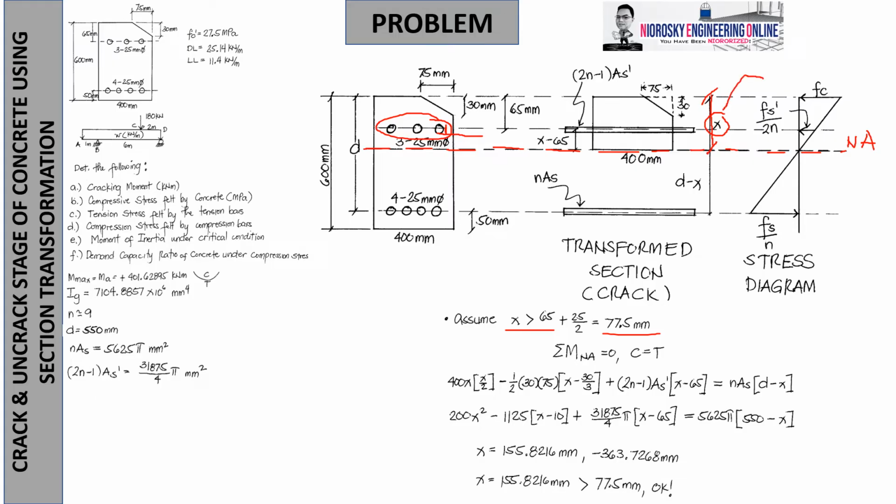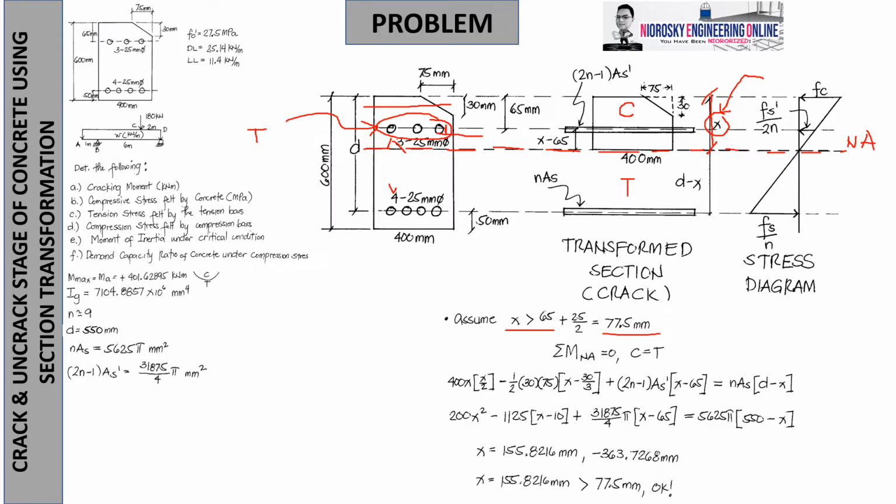That distance x is the distance or the height of the compression region. Kasi ito yung compression concrete natin. Ito yung tension side natin. So therefore, kailangan mag-assume kasi hindi po pwedeng nandito yung neutral axis mo. Tandaan mo, pag nasa baba ng tension, ng neutral axis, magiging tension, di ba? Under positive bending. So, sabihin, itong dalawang bakal na to, magiging tension, which is wrong.